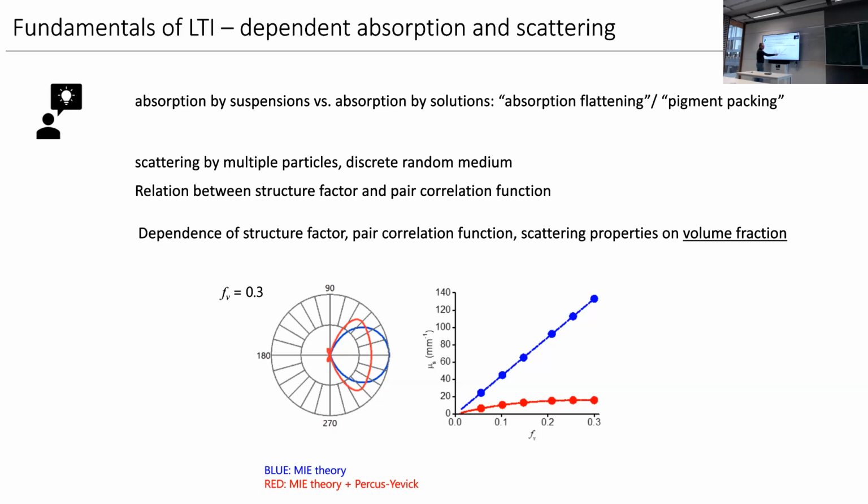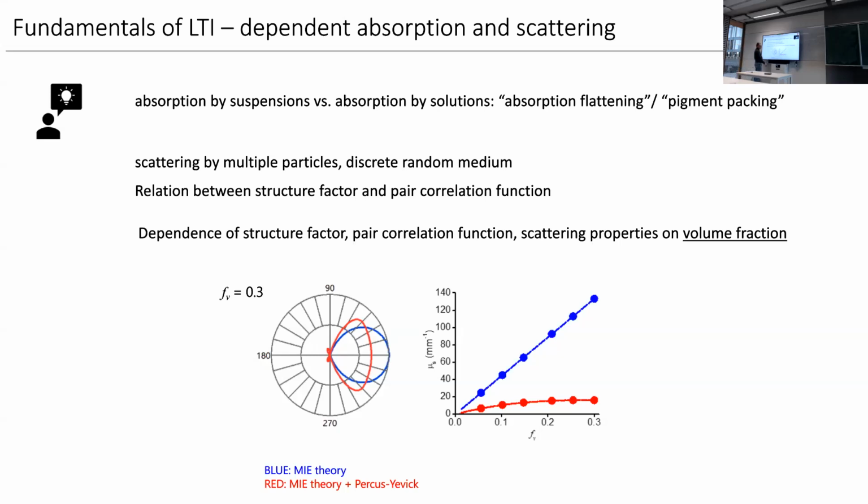If you ignore interference between the particles, the scattering coefficient simply scales linearly with volume fraction. But if you properly take it into account, you see that it still increases with volume fraction, but at a much shallower and more linear rate.